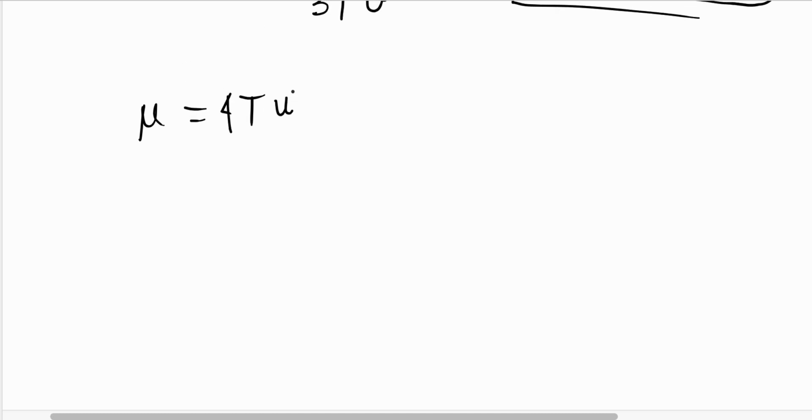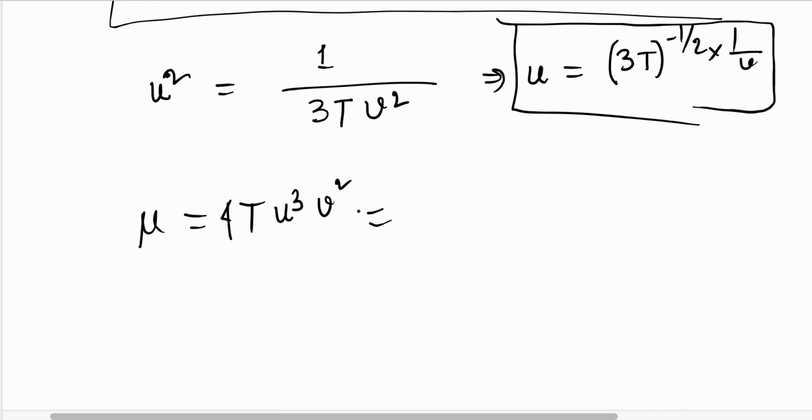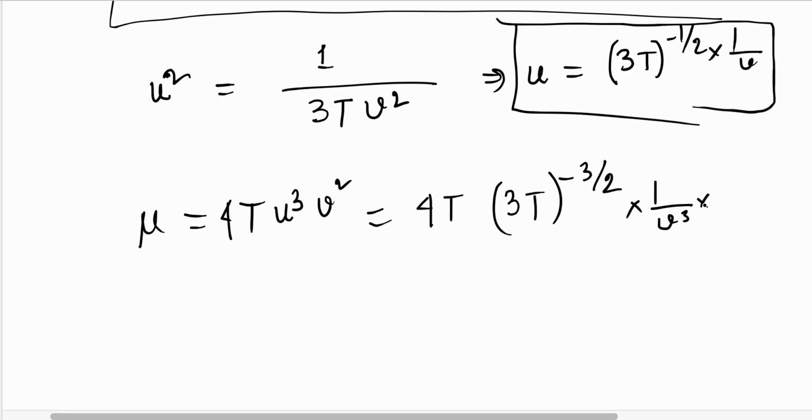If I put in the value of u, it's 3t to the power minus 3 by 2 into v cube into v square.